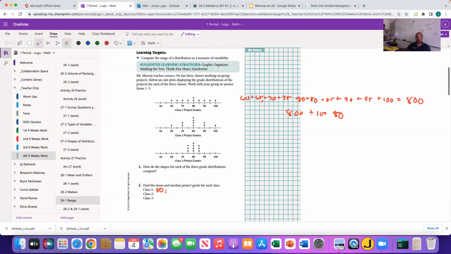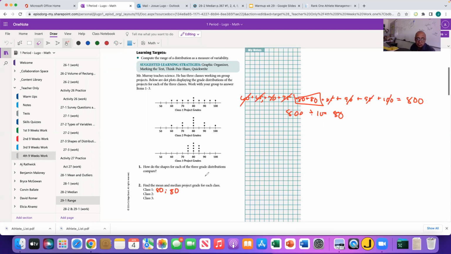Let's see if that's indeed in the middle. So this and this, this and this, this and this, because it's not always going to be the one that appears to be right in the middle. And then these two are in the middle. So 80 plus 80 is 160 divided by 2 would be 80. So the median and the mean are exactly the same, which is fine.